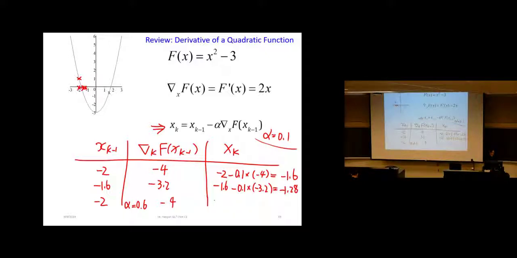It's -2 minus 0.6 times -4, which is 0.4. Where did I go? I start from -2, and I actually jumped to here.